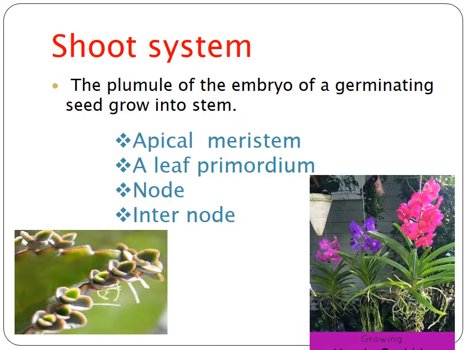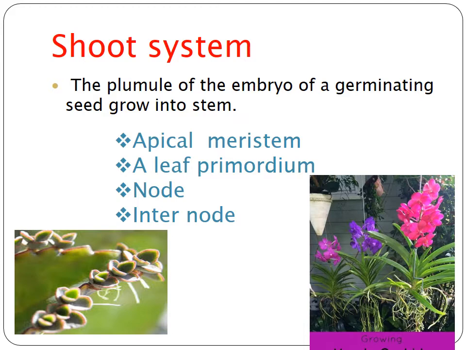Apical meristem is nothing but the actively dividing cells of a shoot, the place which has dividing capacity. That is called apical meristem. Then the second one is the leaf primordium. You know very well according to the name: the place which creates the leaf is called the leaf primordium.